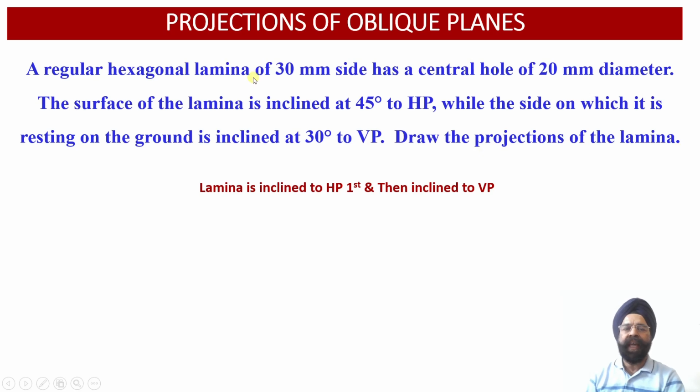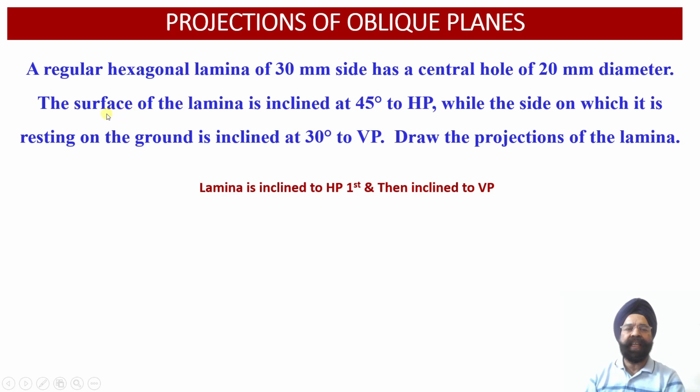Now we can see that since the surface of this lamina is inclined with respect to the horizontal plane at an angle of 45 degree, to begin with, we are going to assume that this hexagonal lamina will be lying on the horizontal plane. So it will be parallel to the horizontal plane.